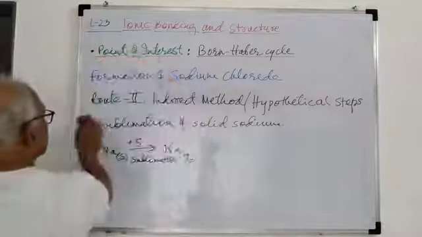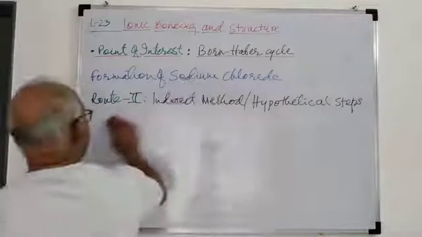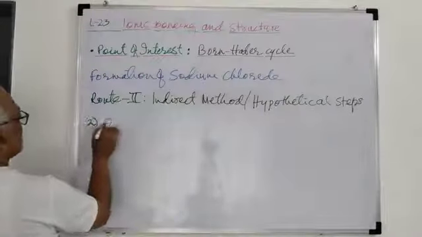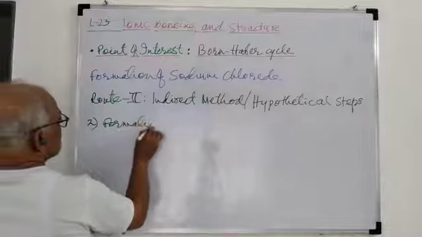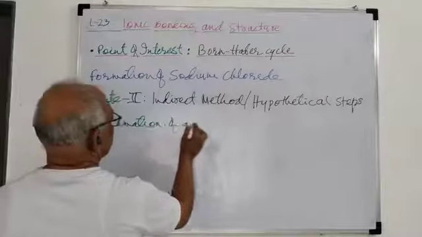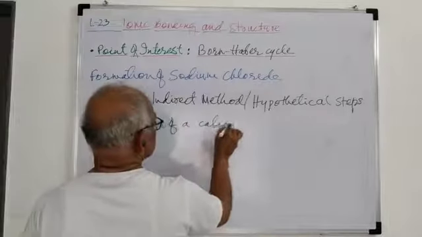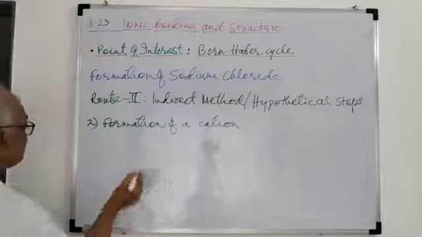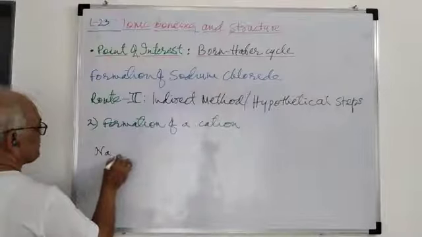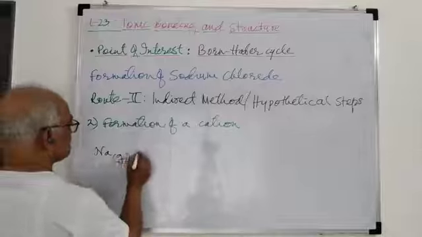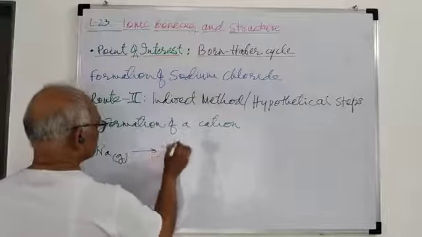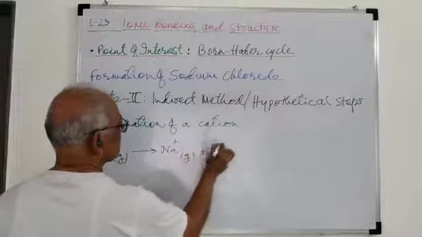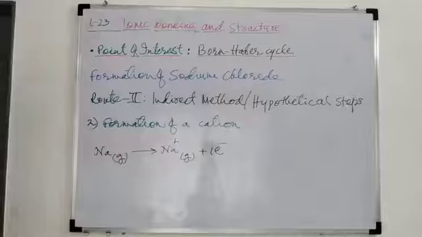Now the second is formation of a cation. Here the sodium which has been obtained in gaseous state will lose its electron, and it will produce sodium ion in its gaseous state with the loss of that electron.